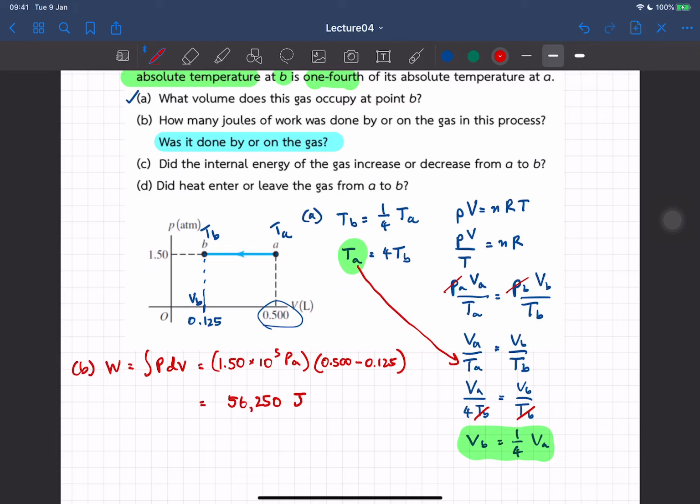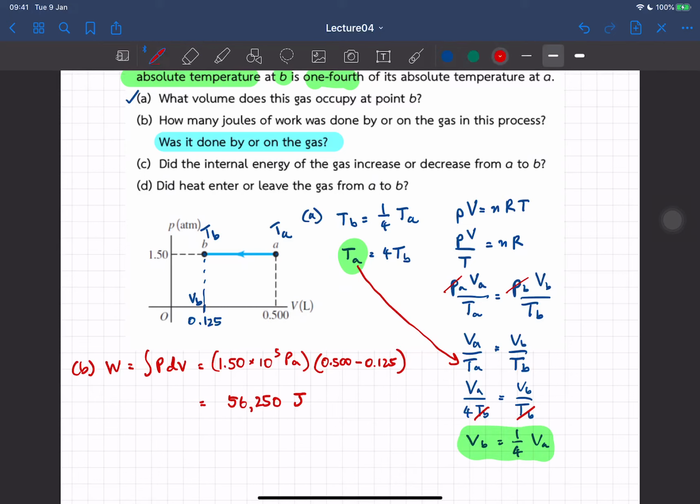All right. So we have this number for work, which is the area under the curve here. But this is wrong. Why is it wrong? Because if you get this, it means that your work is positive, which is not true because positive work means the volume is expanding. But in this case, volume is shrinking because you start with 0.5 and then you go down to 0.125.